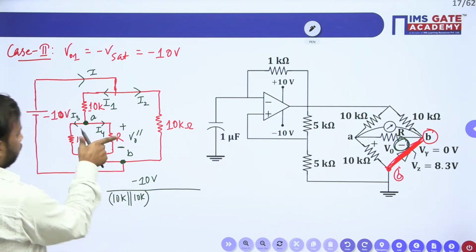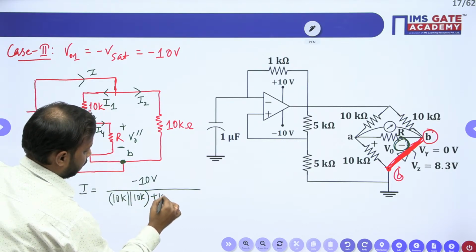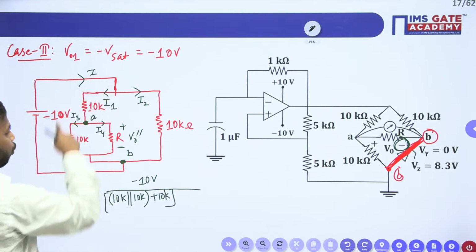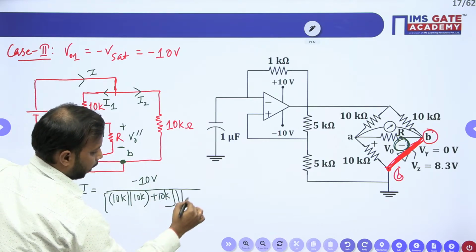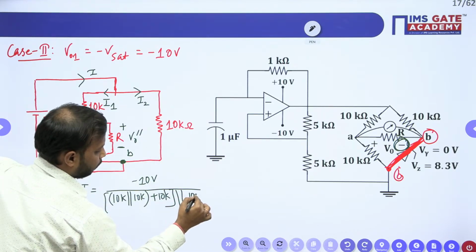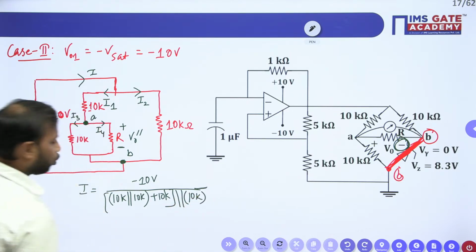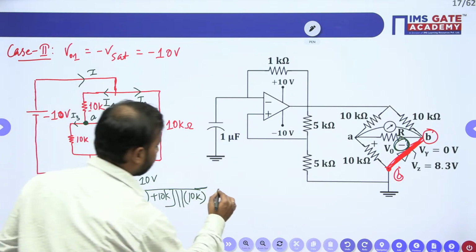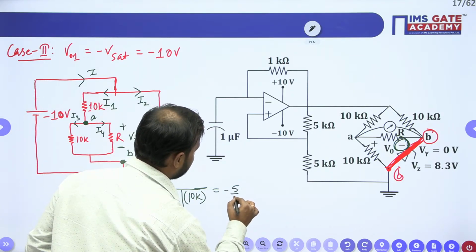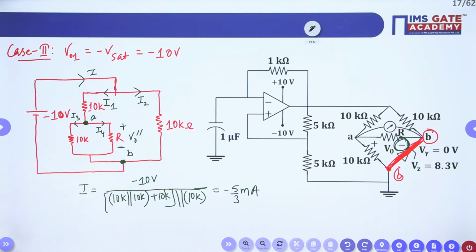This parallel will come in series with this 10K plus 10K, and this overall is in parallel to this 10K. So this will be the total current. Let me write the value directly. You will get minus 5/3 milliampere. Done? Clear?